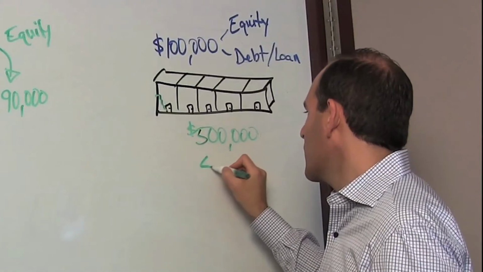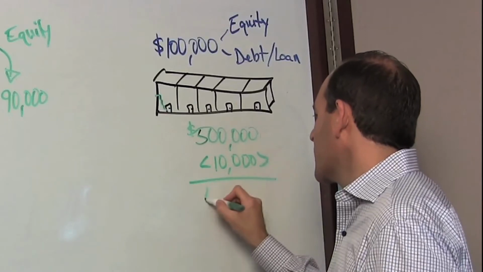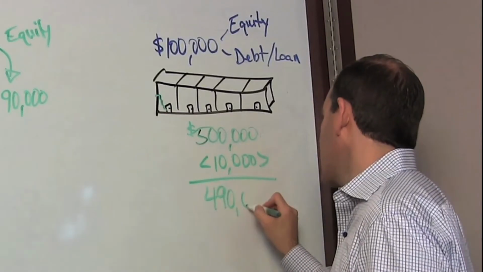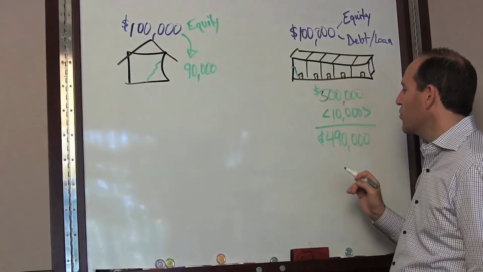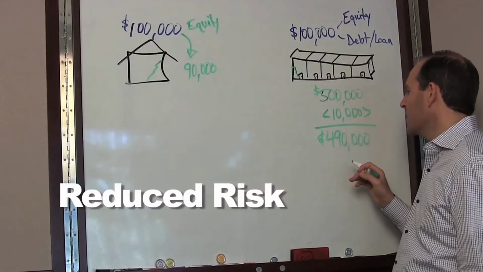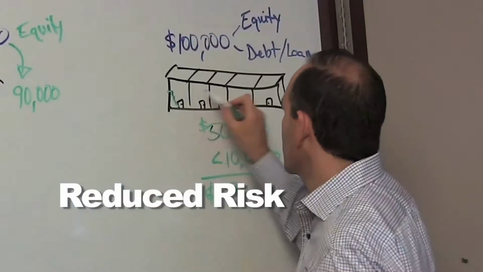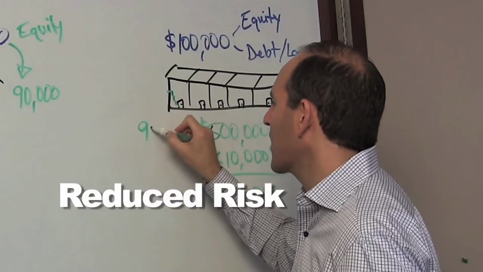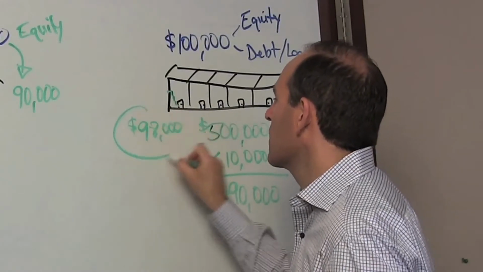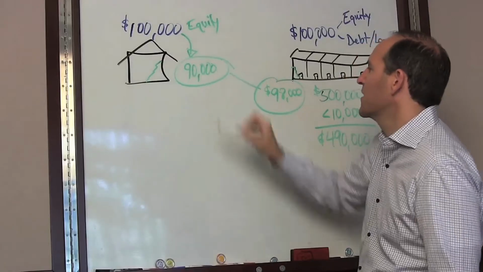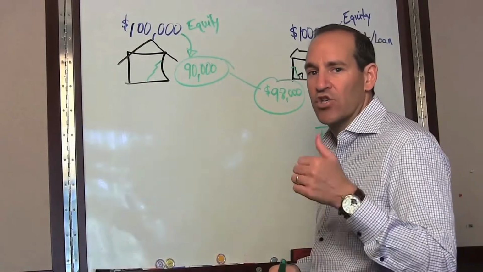And so if you take away the $10,000 in damage one way or another, you're left with $490,000 in value of the property. Now, for you, this means that you actually only took a $2,000 loss because you're 1/5. So your actual value still is $98,000. Clearly much less risk than the same damage on a single family home asset that you're the sole owner of.